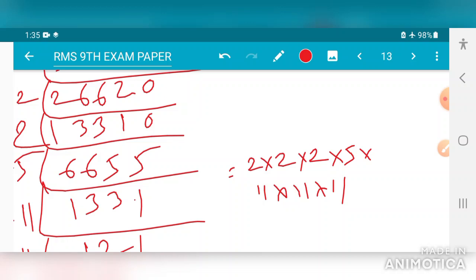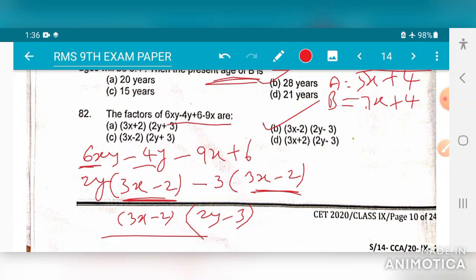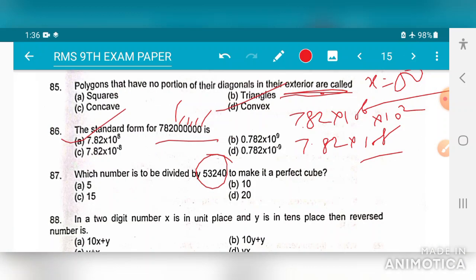So now what the question is asking: for 53240, which number is to be divided by so that it becomes a perfect cube?